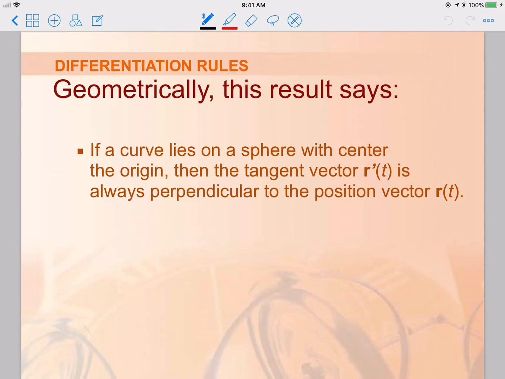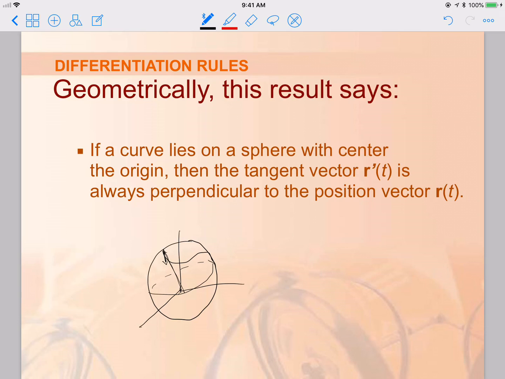And the geometric analysis of this example is that if a curve lies on a sphere with the center at the origin, then the tangent vector is always perpendicular to the position vector. So if you've got some curve here, right, and the curve lies on the sphere, then the tangent vector is always perpendicular to the position vector.